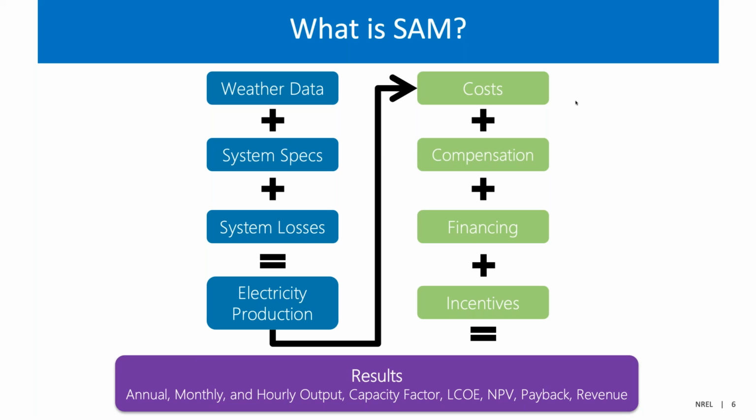And the output from this technology module would be the electricity production, as well as technology-specific outputs. And then those outputs are then inputs to the financial modules, as well as costs, compensation, and financing, and incentives. And the outputs from the financial models are techno-economic results, such as the annual, monthly, and hourly output, capacity factor, levelized cost of electricity, net present value, payback period, and revenue.